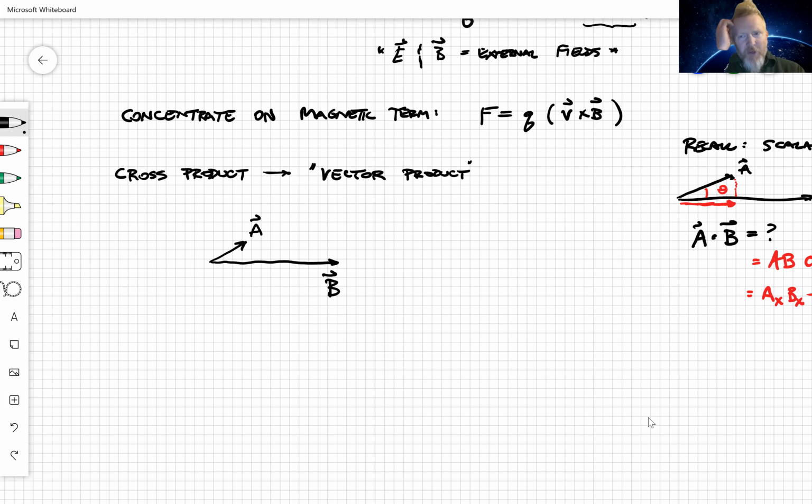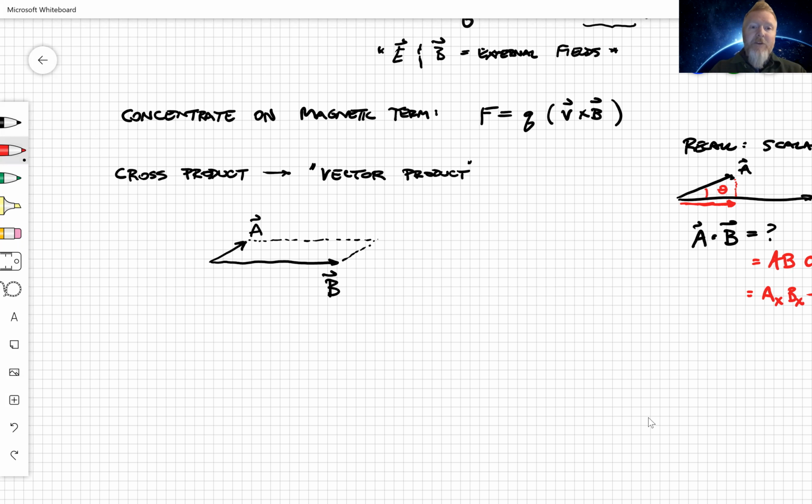So when you do A cross B, what you get is essentially the area of this thing, and you get the direction of the area. And remember, the direction of the area is always normal to the area.